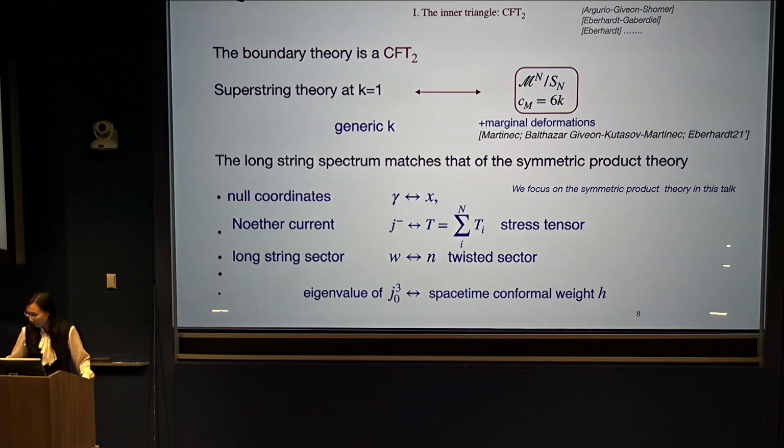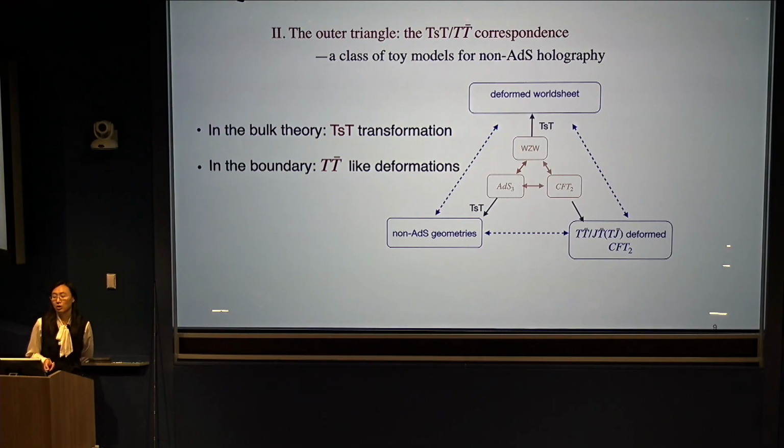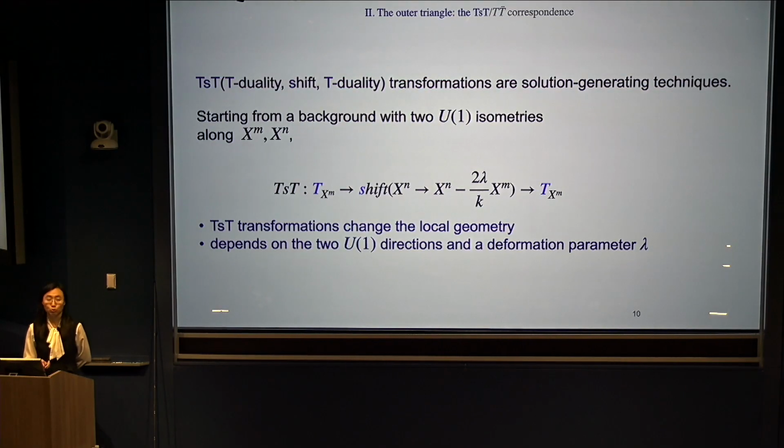So let me move on to deformations. In the bulk, I'd like to do this so-called TsT transformation. Suppose we have, say, a supergravity solution with two global U1 symmetries. We have two explicit isometry directions in the bulk. Let's call them two U1 directions.